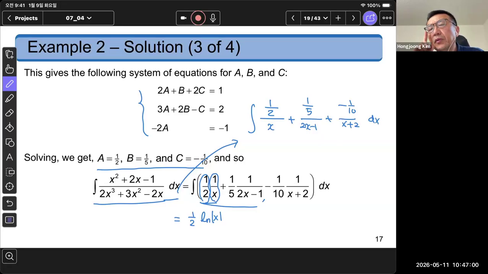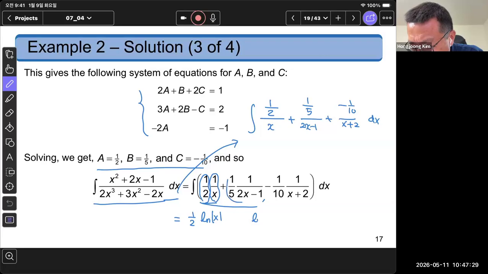Now, in the case of 1 over 2x minus 1, which function shall I differentiate to get 1 over 2x minus 1? Well, with 2x minus 1 in the denominator, when 2x minus 1 is differentiated, you get 2, right?